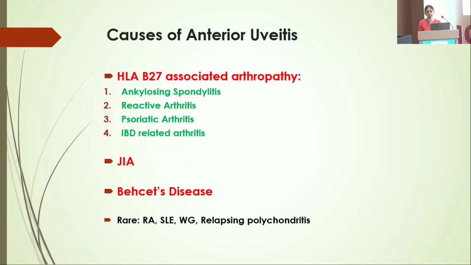The common cause of anterior uveitis is HLA-B27 associated arthropathy, which is a big spectrum comprising ankylosing spondylitis, reactive, psoriatic, and IBD associated arthritis. The second most common causes are juvenile idiopathic arthritis and Behçet's disease.